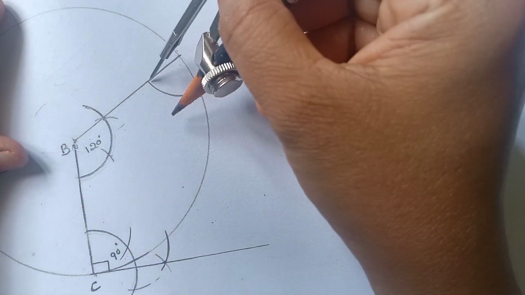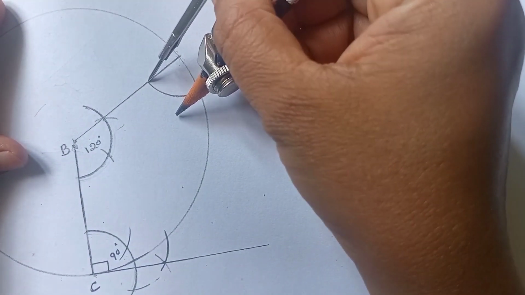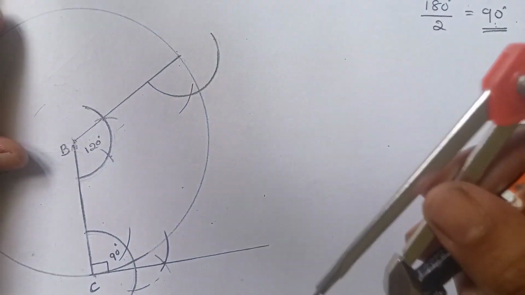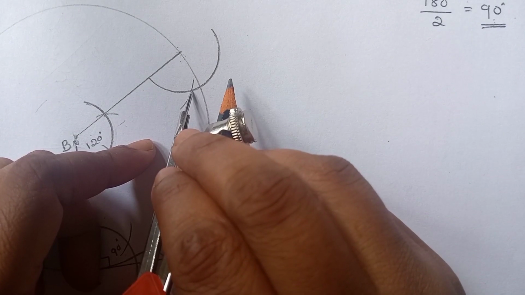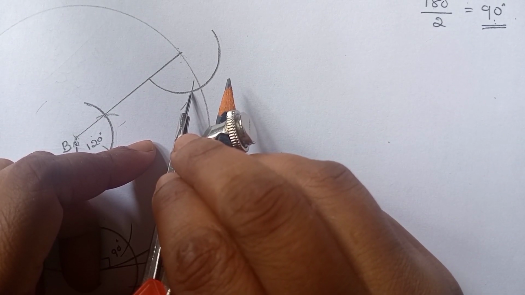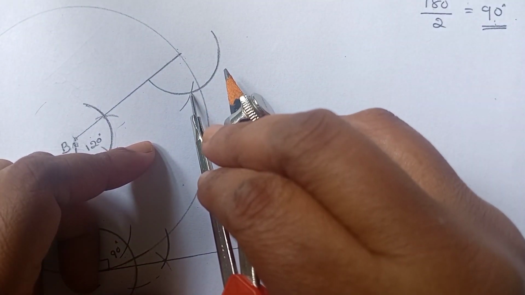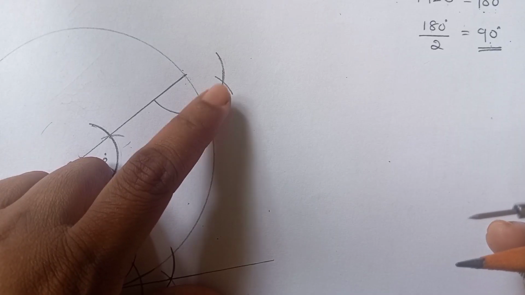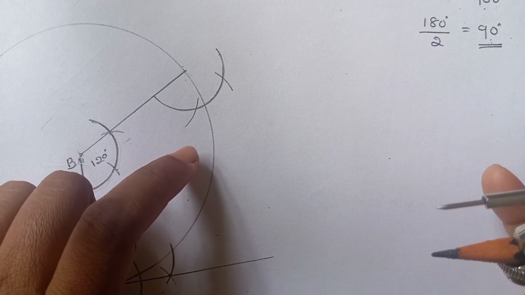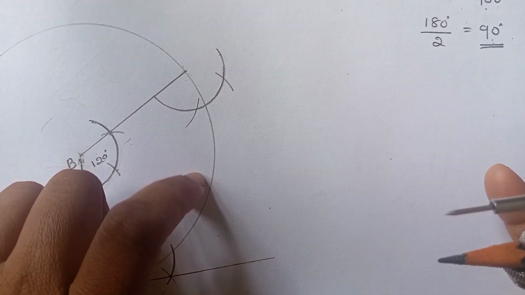Keep the compass at this point and cut an arc. This point measures 60 degree. Now without changing the measurement of the compass, keep the compass at this point and cut an arc. It measures 120 degree. Now we have to bisect this angle.